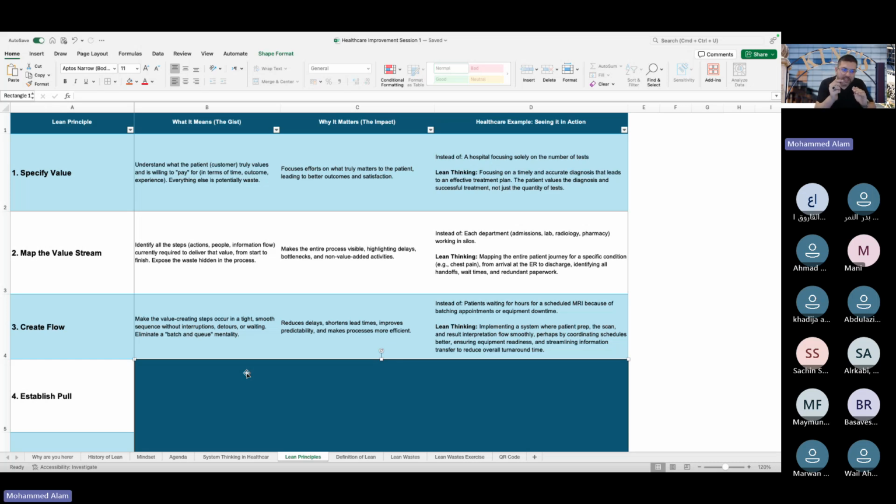When the first sample was collected, the second, the third, all of them are waiting, waiting, waiting to be processed until the 10th sample is collected. Then the batch of 10 goes together to the centralized lab, and they start their testing one by one. One, two, three, four, five. Now it delays the whole process.